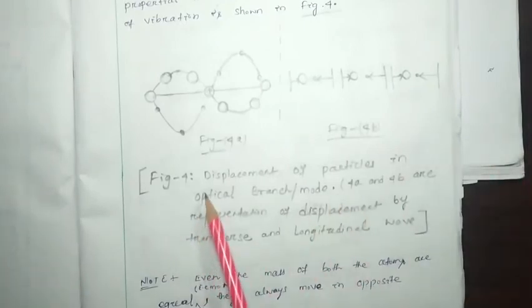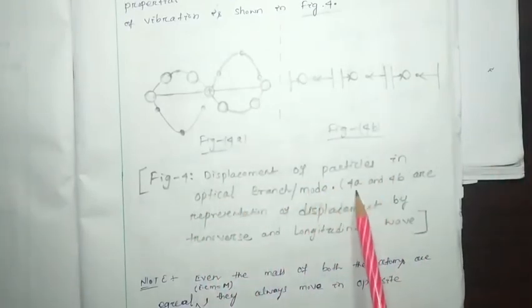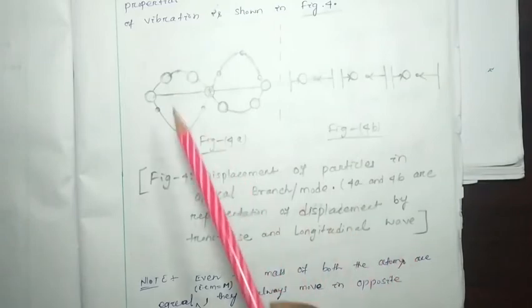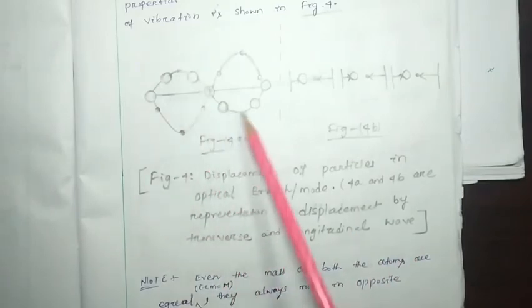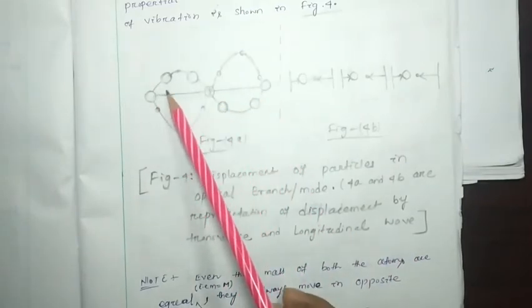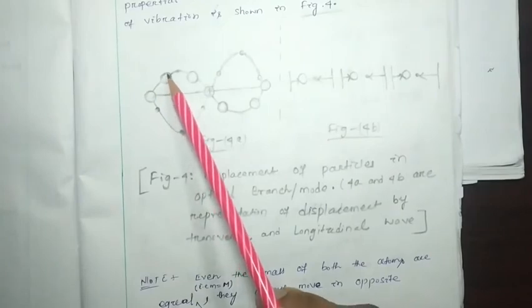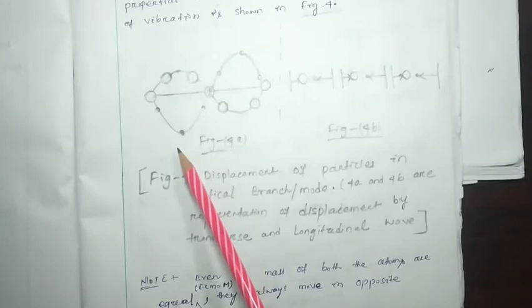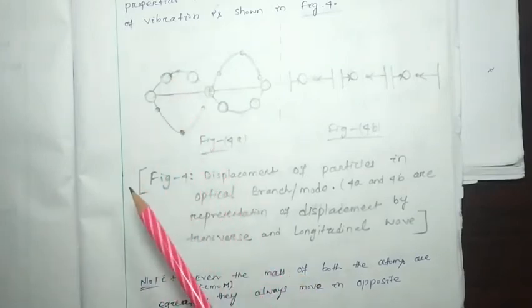This is written as displacement of the particle in the optical branch or mode. 4a and 4b are the representation of the displacement by transverse and longitudinal waves. So this is the transverse wave. It represents that if the larger mass is moving upward, then the smaller mass will move downward, opposite with each other. And this is the longitudinal representation.